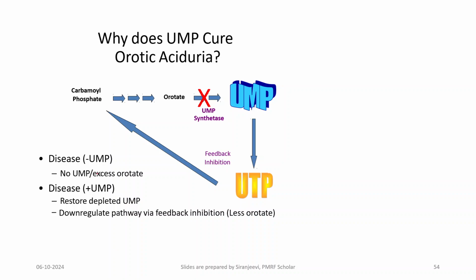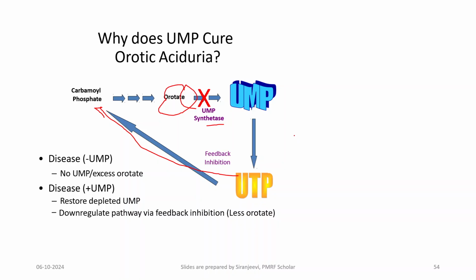How does this work? Whenever UMP synthetase is not there, it leads to orotic aciduria. So if you give more UMP or uridine triacetate, it will cause feedback inhibition, so carbamoyl phosphate will not be formed, and finally orotic acid will not be formed. If orotic acid formation is not there, then there is no need for UMP synthetase.